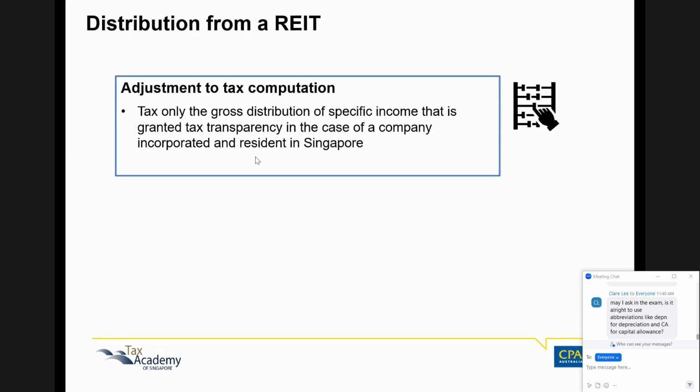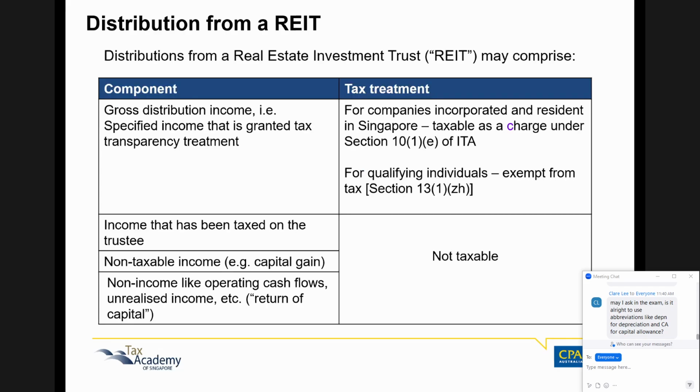Okay. Then adjustments wise, in the tax com, remember I said that at the top part of the tax com, if let's say this REIT has $100, $80 is on gross income, $20 is a non-taxable income.